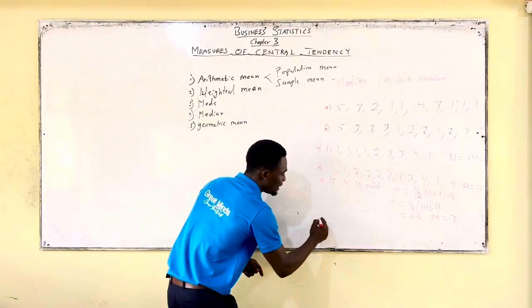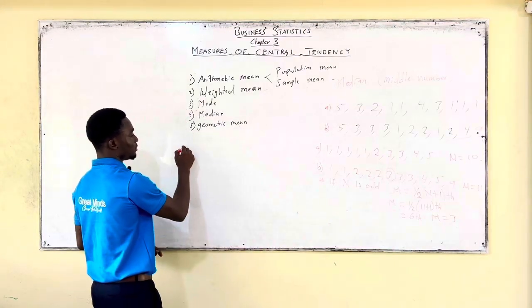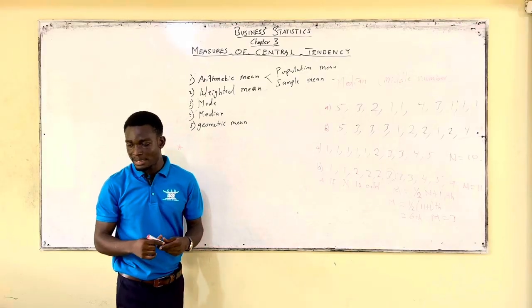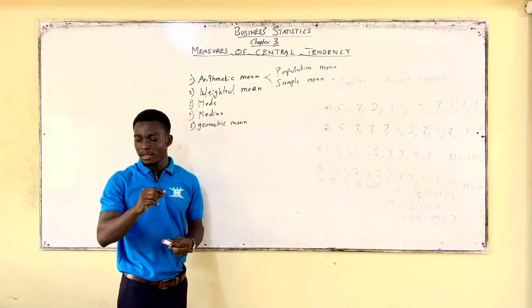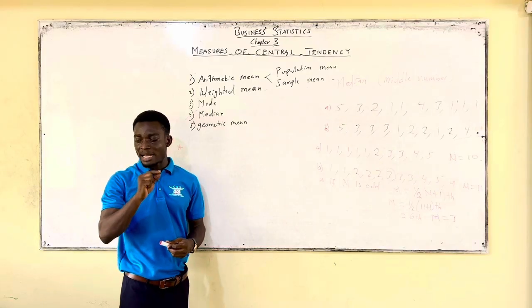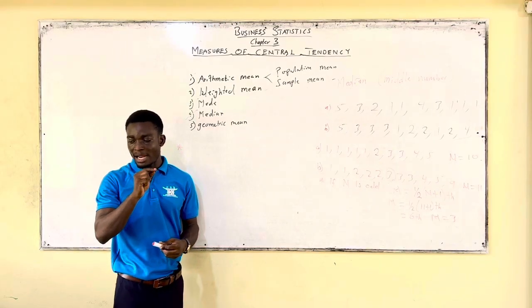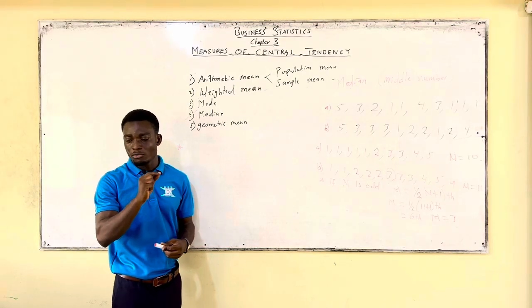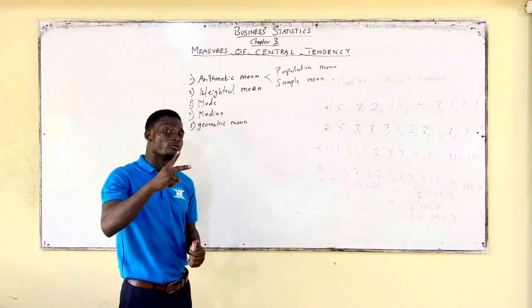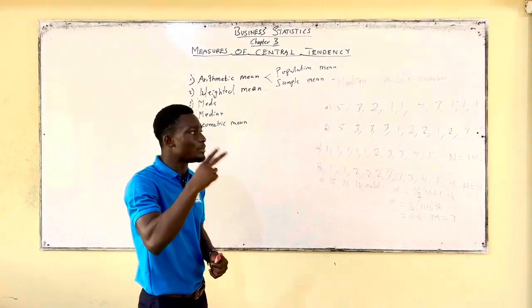Now the second condition. When n is even, that means there are two middle numbers. The arithmetic mean of those two middle numbers gives the median.